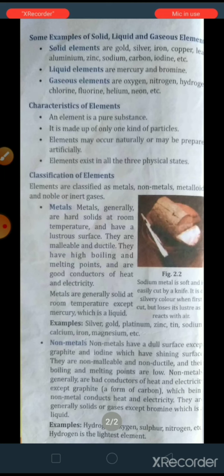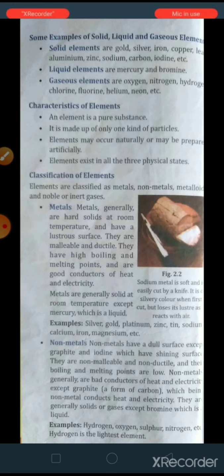Next, in our surrounding we can find elements in three states, may be in solid form or liquid form or in gaseous form.